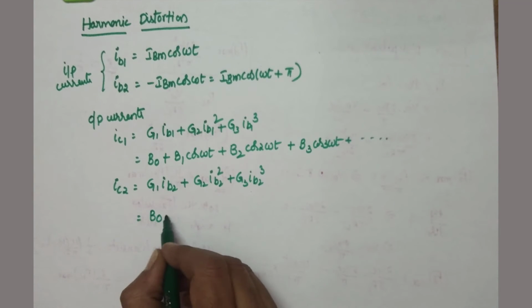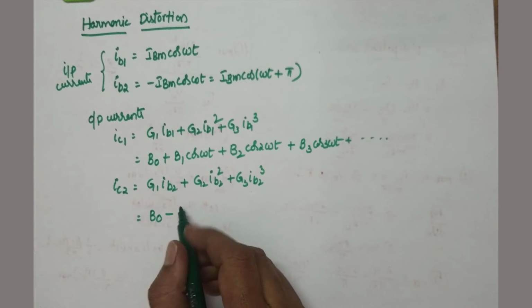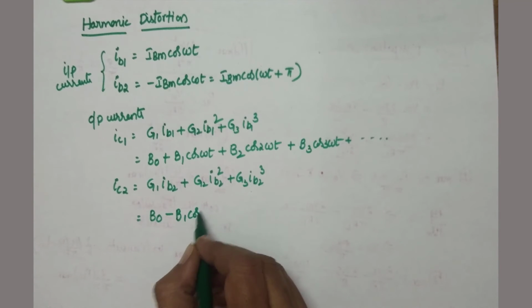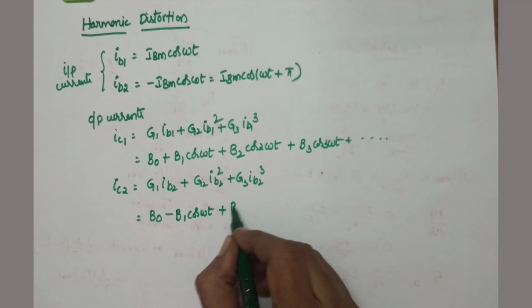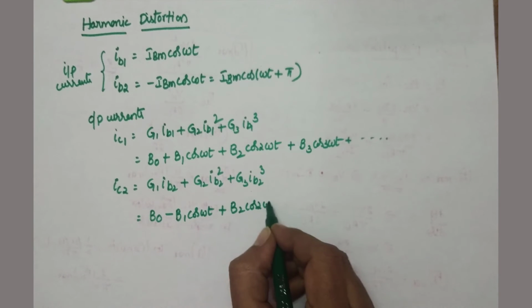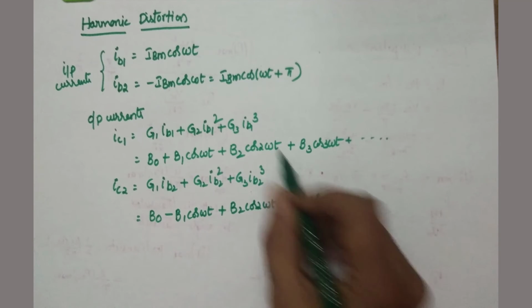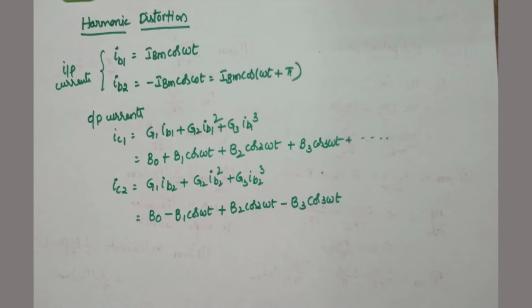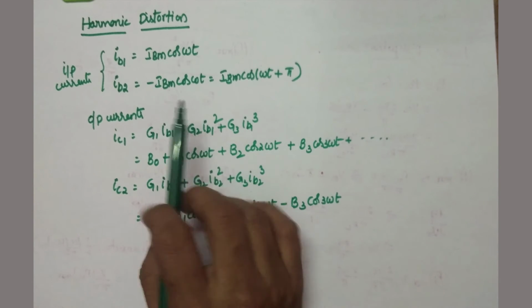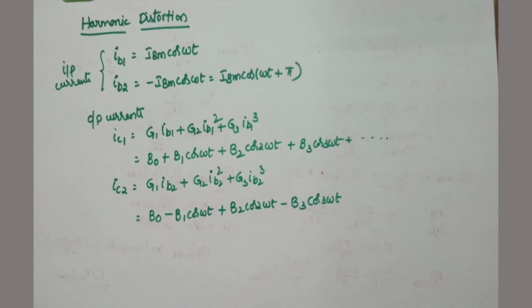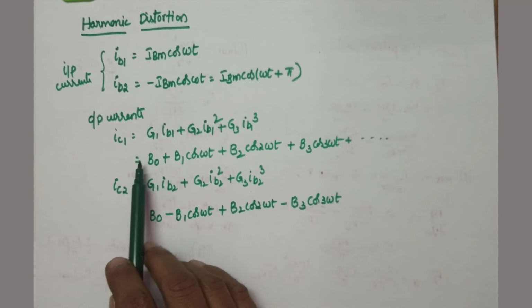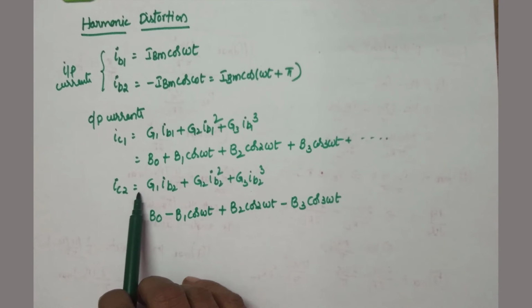You're going to get B0 minus B1 cos omega t plus B2 cos 2 omega t minus B3 cos 3 omega t because it is having some plus pi phase shift. Okay, this is actually the AC currents IC1 and IC2. These two are due to the input AC currents. In addition with that, we have another DC current ICQ. Actually, you have to add that ICQ to this IC1 and also to this IC2.